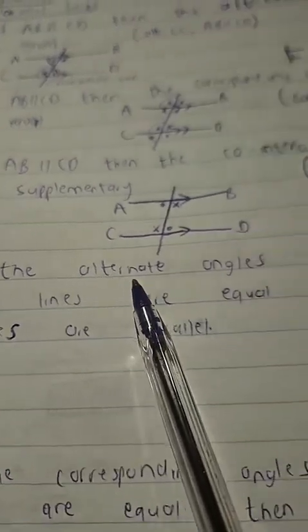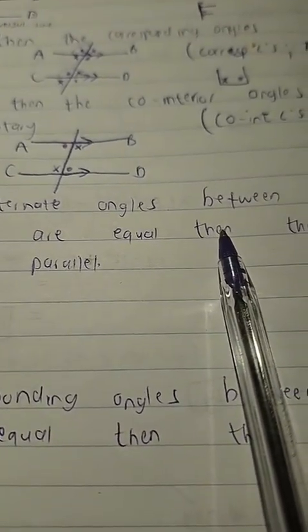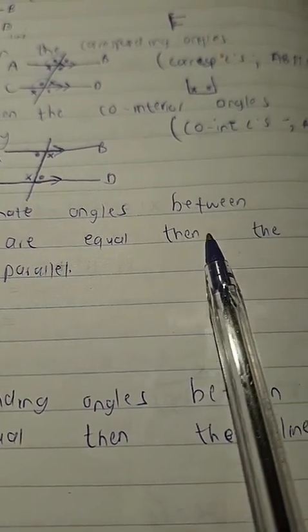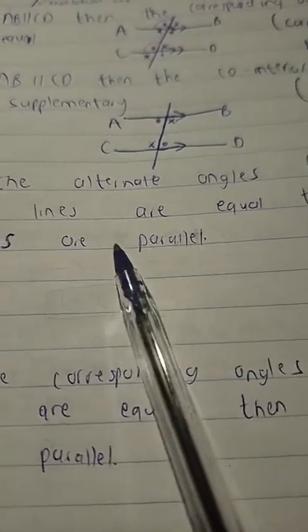So this statement says, if the alternate angles between two lines are equal, then the lines are parallel.